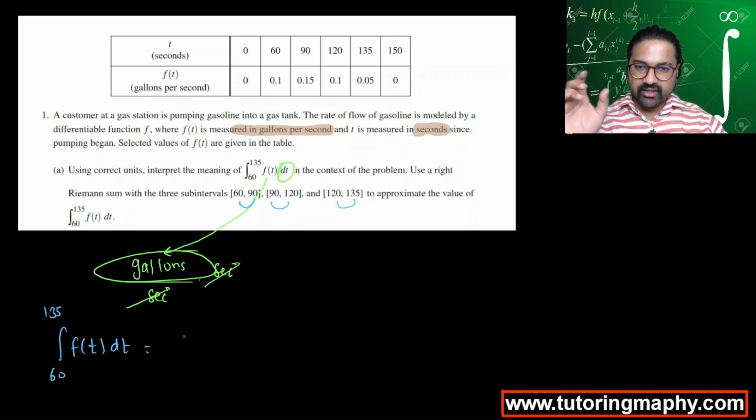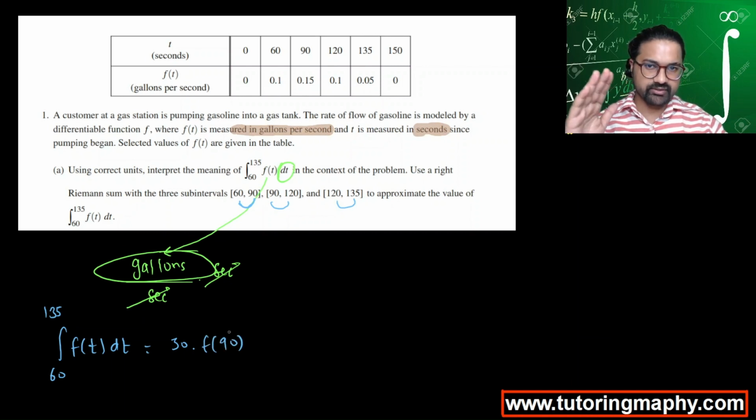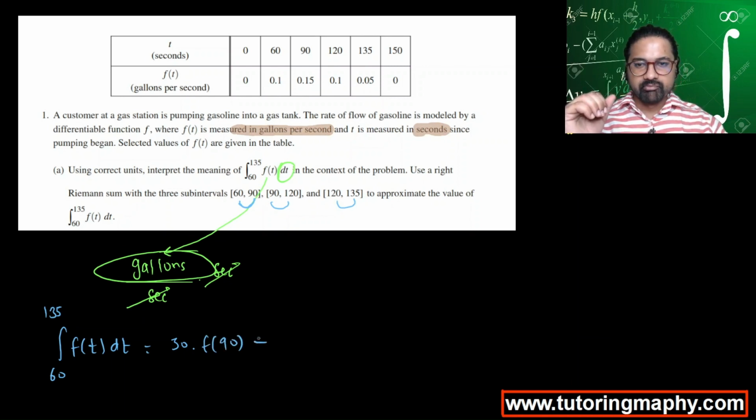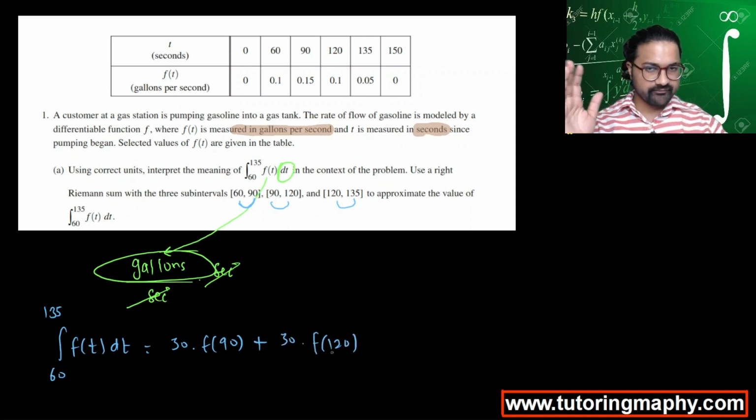This is going to look like the area of the first rectangle, which is the width, 30, multiplied by its height. Its height is going to be f of 90, because we are talking about the right Riemann sum, plus once again 30 times f of 120 for the same reason. And in this case, we will have 15 times f of 135, once again because it's a right Riemann sum.